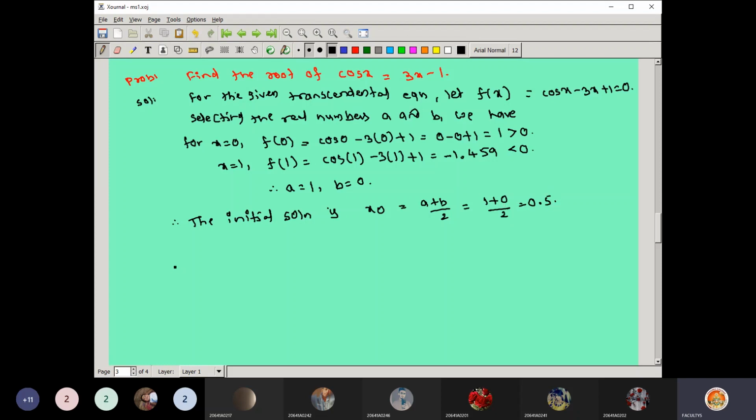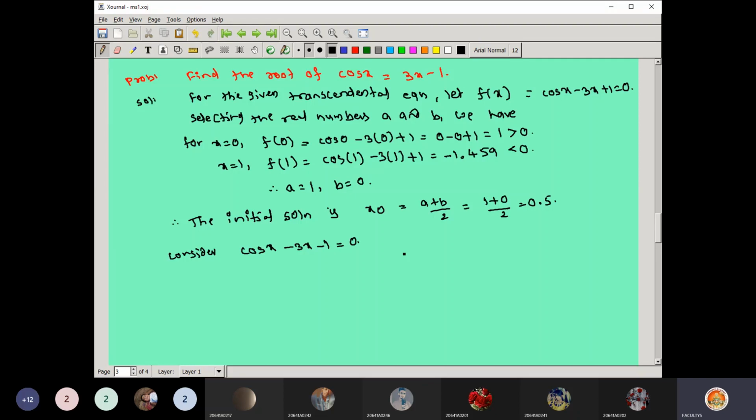And now you are considering the given equation. Consider the given equation is cos x minus 3x minus 1, that is equal to 0. Whenever it is an algebraic equation, directly you focus on the highest degree term.